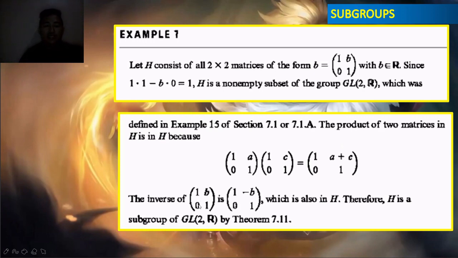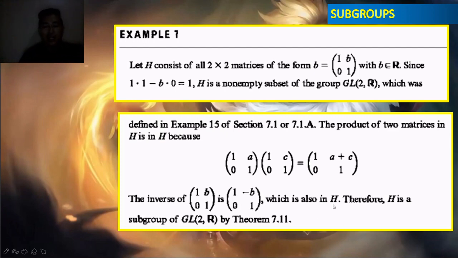So the inverse sa [1, 0; B, 1] kay [1, 0; negative B, 1]. Kung i-multiply nimo ni siya, ang result kay ang identity which is [1, 0; 0, 1], ang identity sa matrix, di ba?